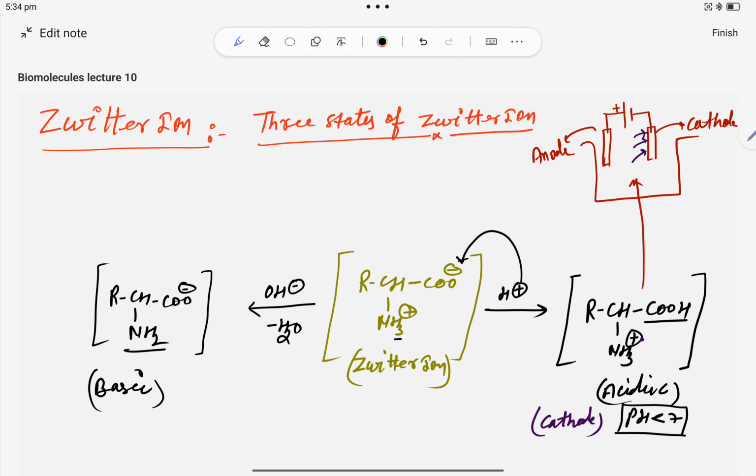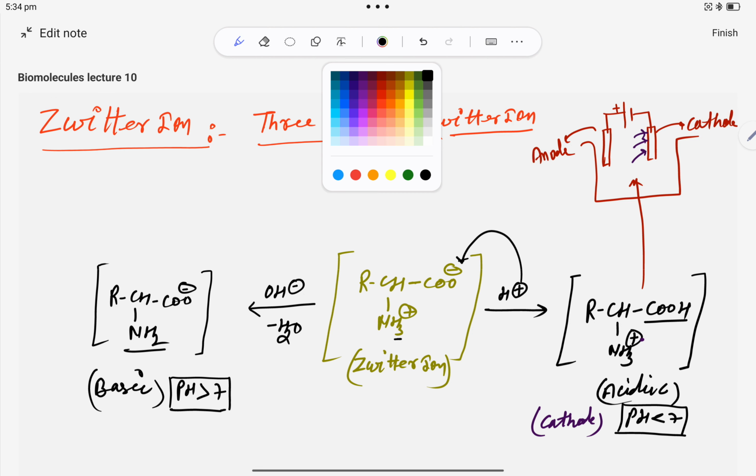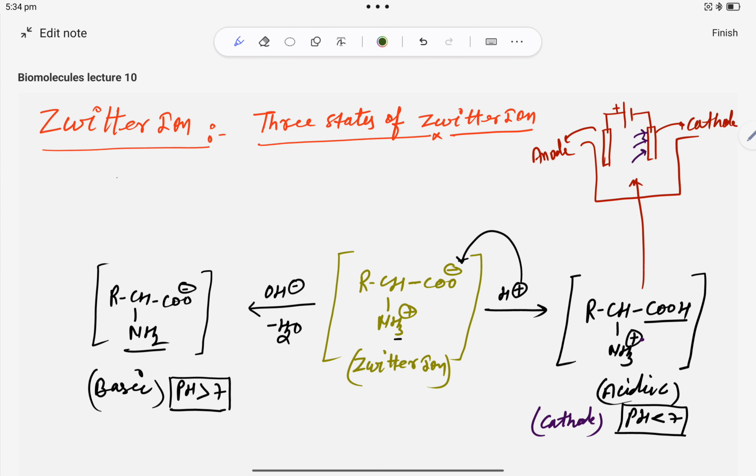Because of the presence of NH2, then pH is greater than 7. Same work if you are doing electrolysis, this is positive terminal, this is negative terminal.